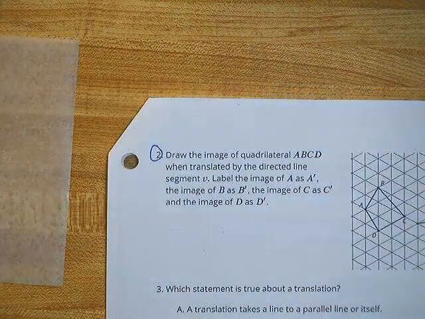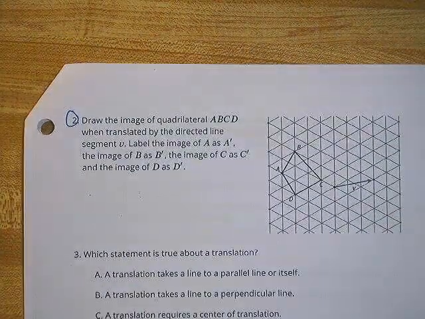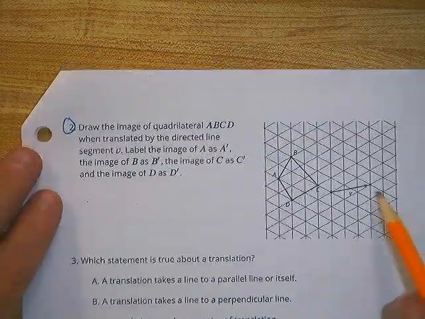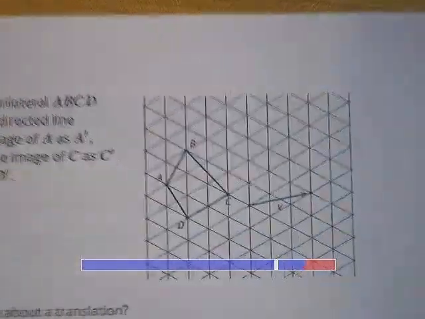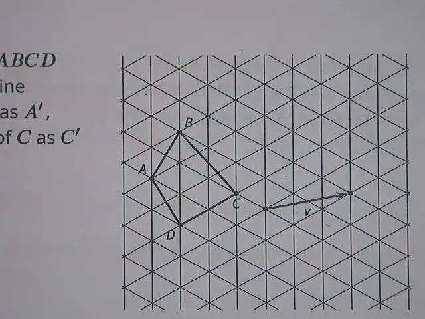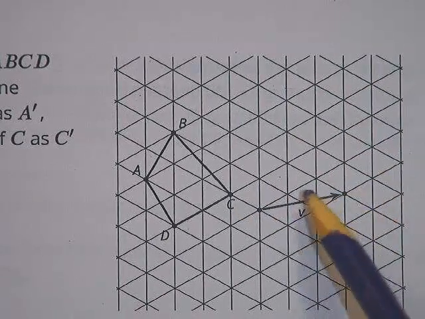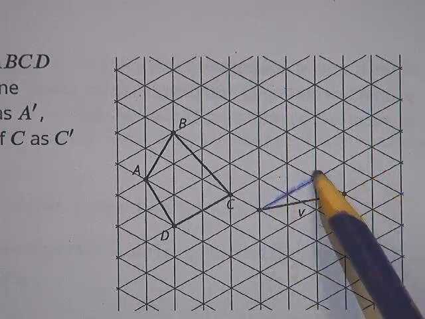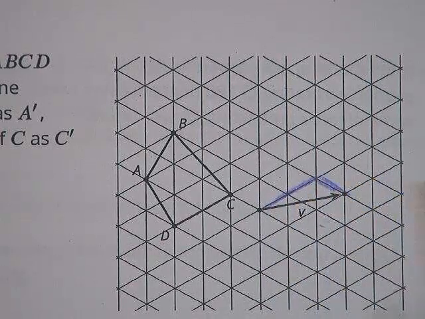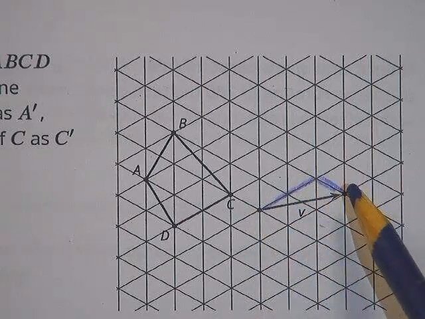And then problem 3, we are doing a translation using the vector. You're not going to be allowed to use patty paper on your test. So no patty paper. You're going to have to come up with a way of doing the problem without patty paper. Usually with translation, especially when you're given a grid, we count, like slope. So I'm going to be going 2 in this direction and then 1 in this direction. All the points get moved over 2, down 1.